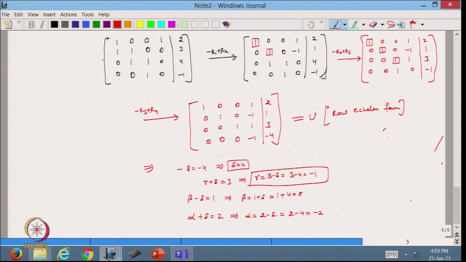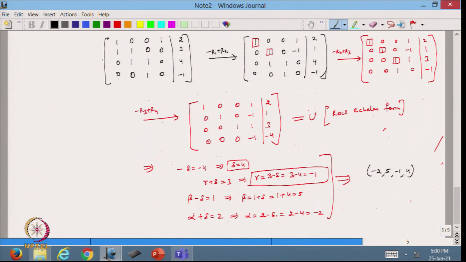So now from here I can write that my coordinates are minus 2, 5, minus 1, 4.